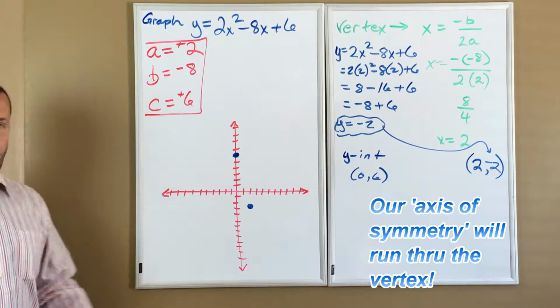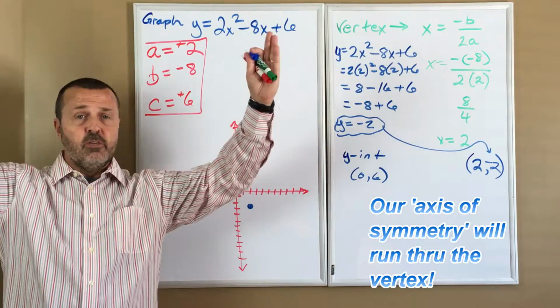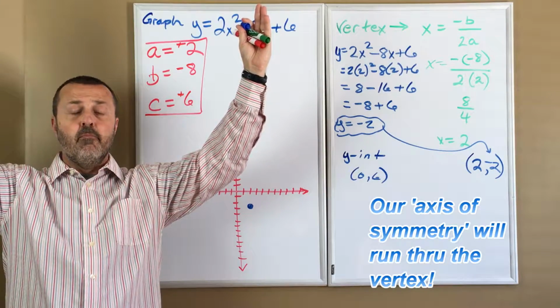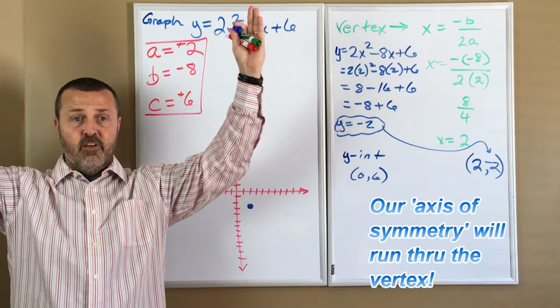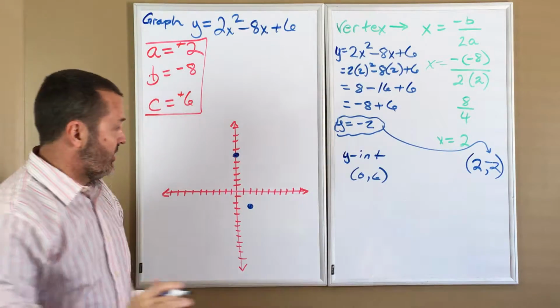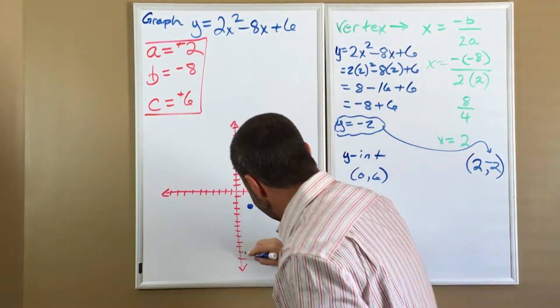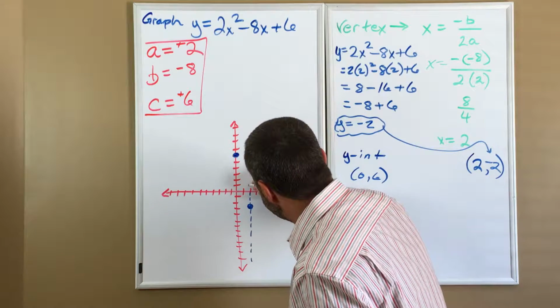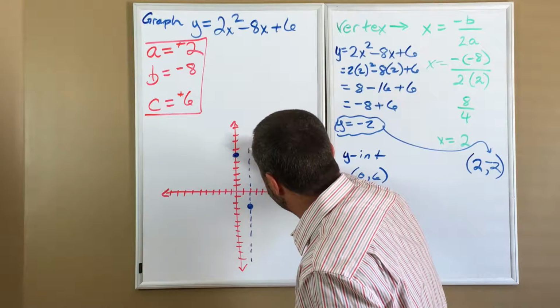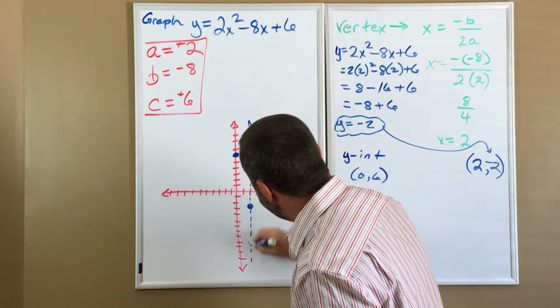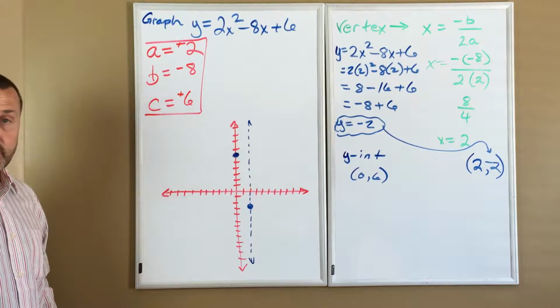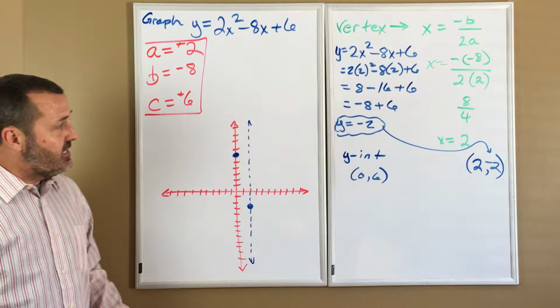Okay? Now, we talked about this, but what goes through the vertex and cuts the quadratic function in half? Your axis of symmetry. So I can take my dotted line, to the best of my ability and the best of your ability, and create your axis of symmetry for this quadratic function.